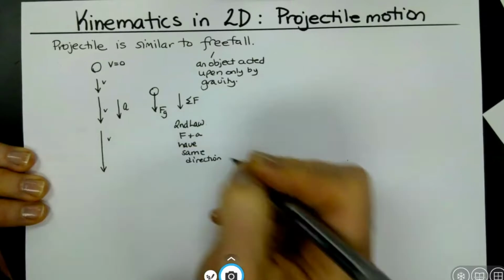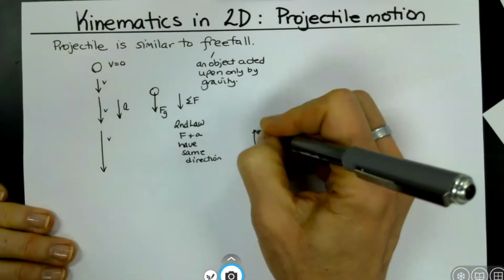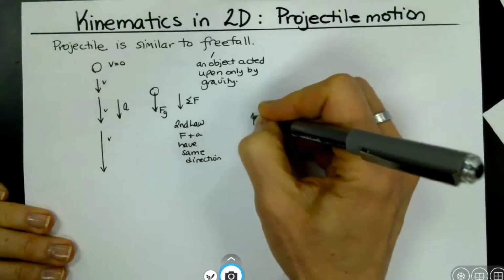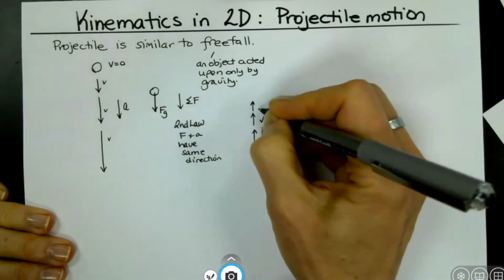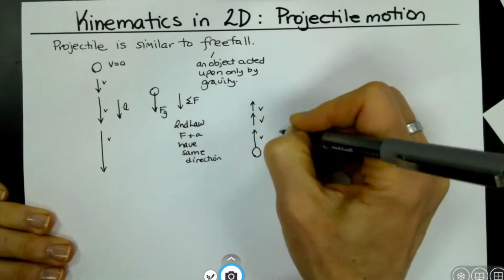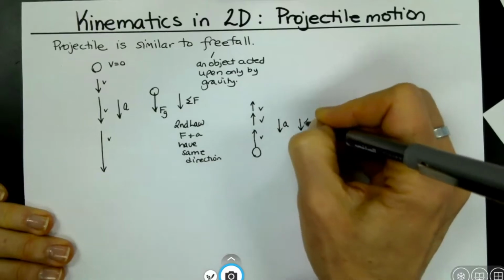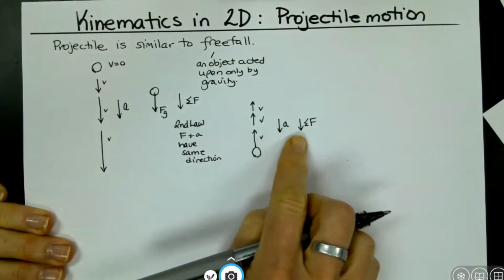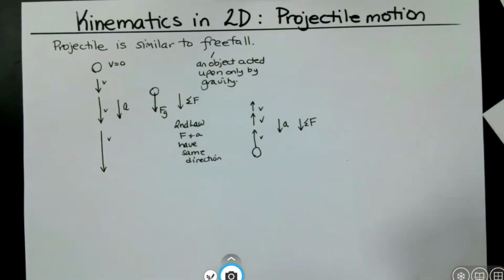So that should make some sense. That also explains why, when you throw a ball upward, it decreases speed: if you're moving this way and your acceleration is down and your net force is down, these have to agree, so you're going to have decreasing speed. That should be somewhat familiar to you.